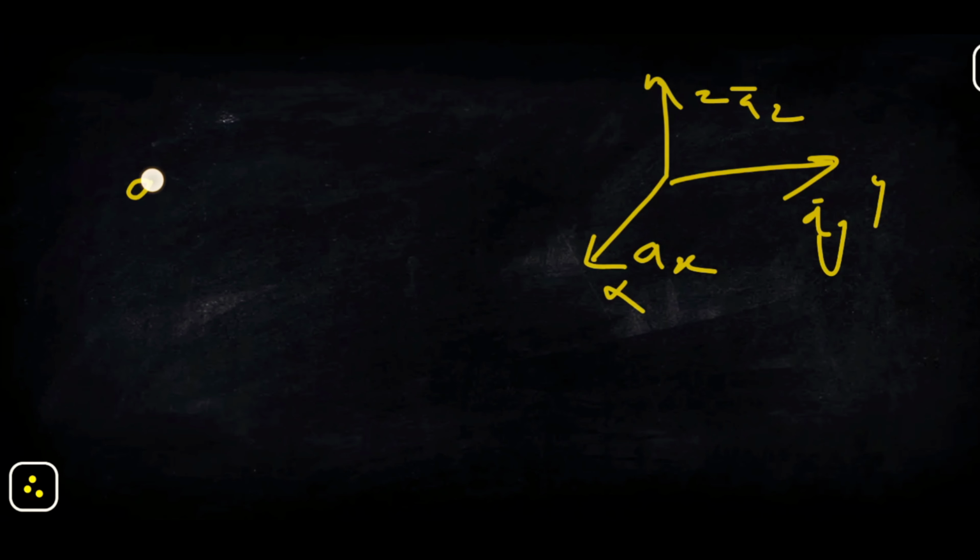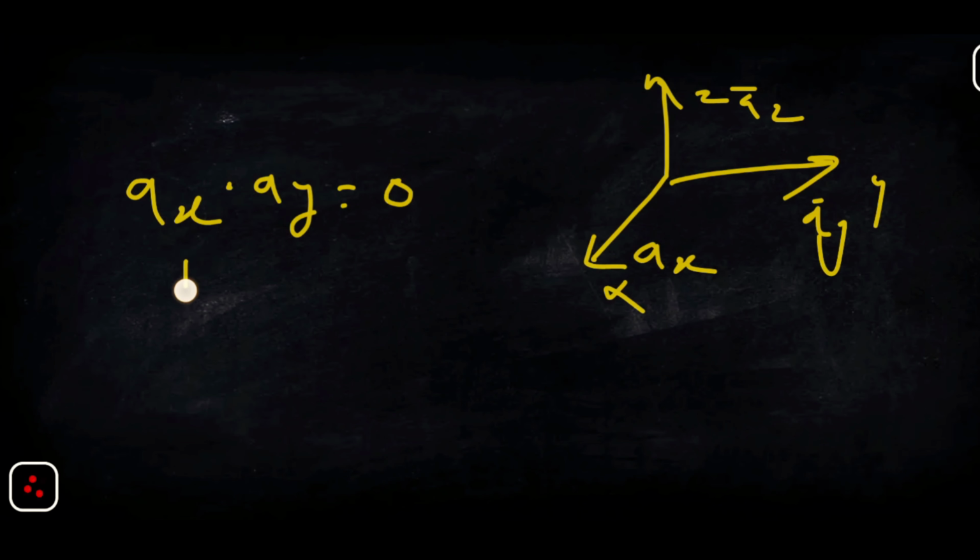What will AX dot AY be? What is the angle between them? They are at right angles to each other. The X, Y and Z axes are all at right angles to each other. AX dot AY equals 0 because cos 90 is 0.